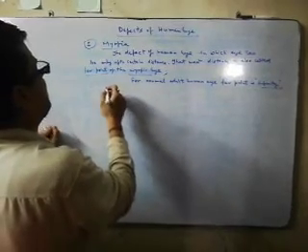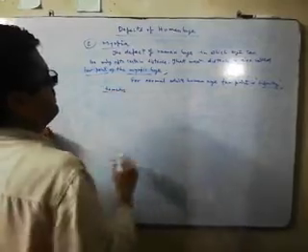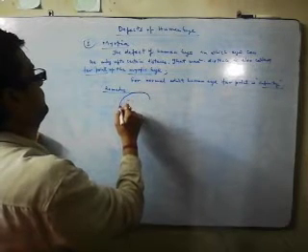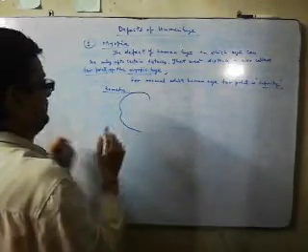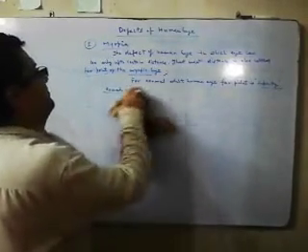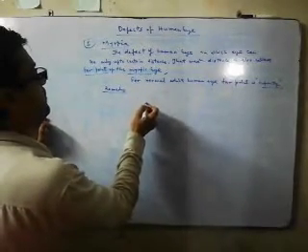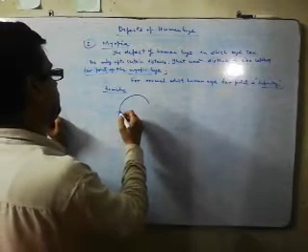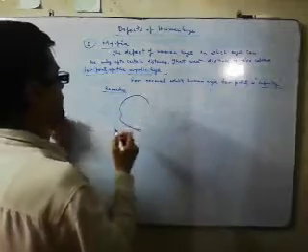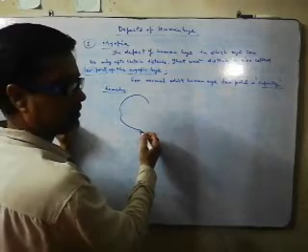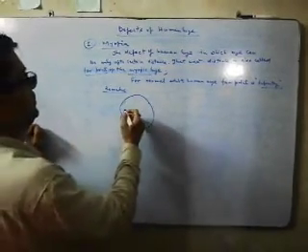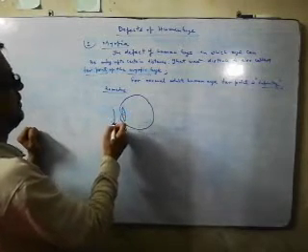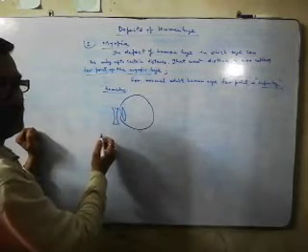So when we see the remedy part, what last day we were saying, this is the eyeball and this is the eye lens, and then we are using a concave lens for the remedy.